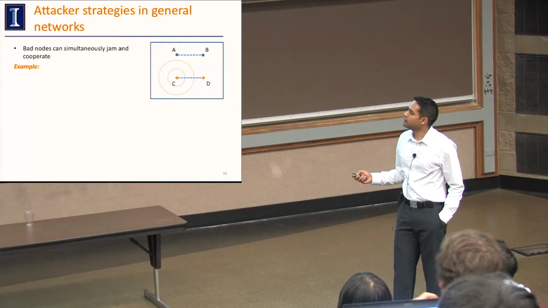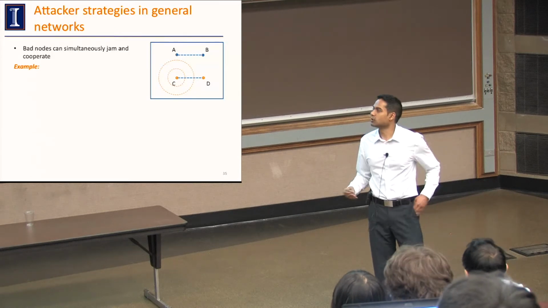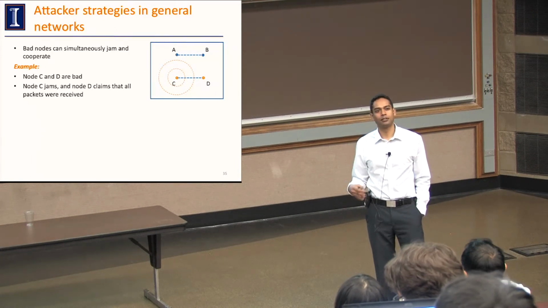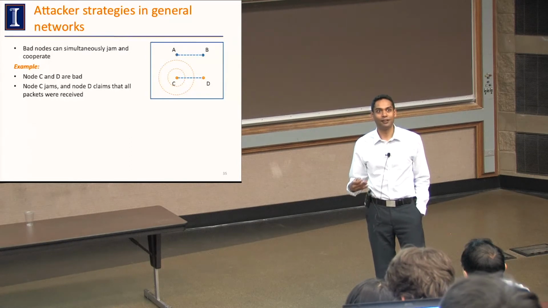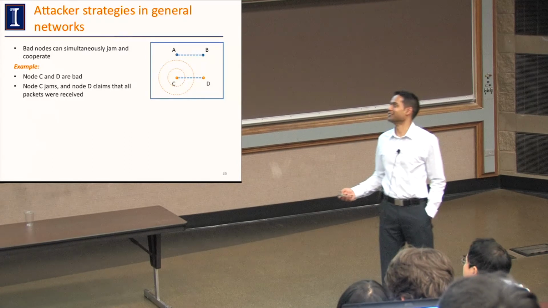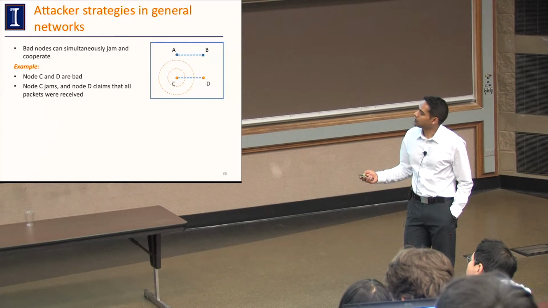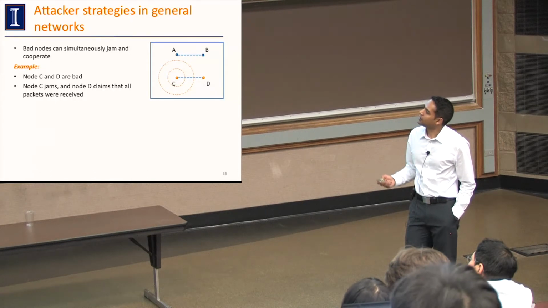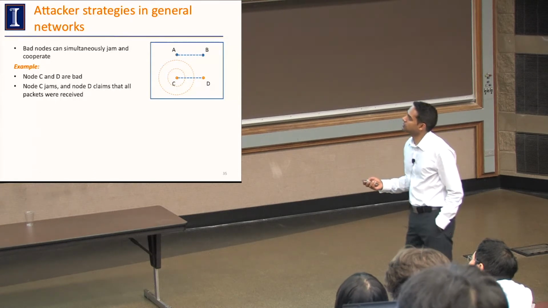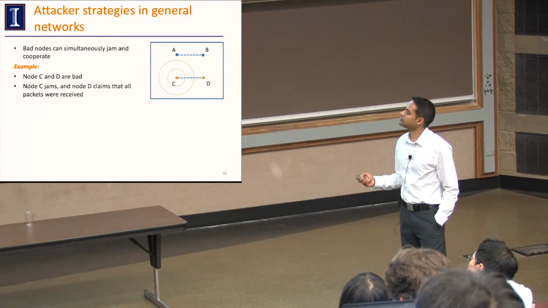And moreover, just because they have a common view of the network topology and of all the link parameters, that doesn't necessarily mean that the view is internally consistent. Here's an example to illustrate the point.